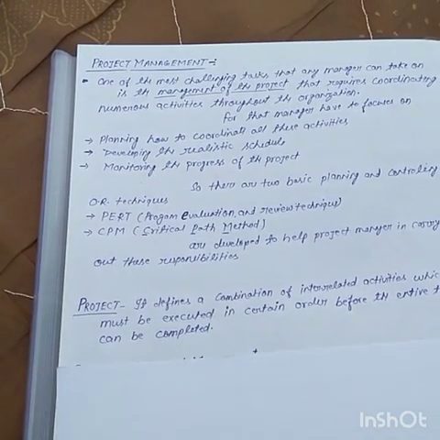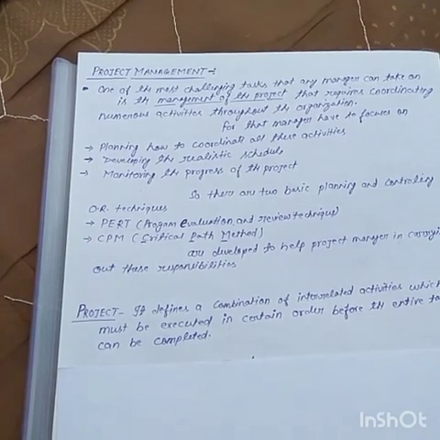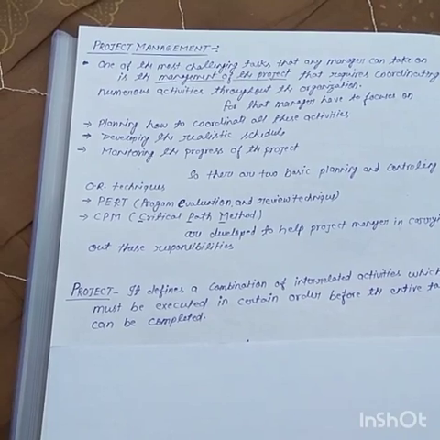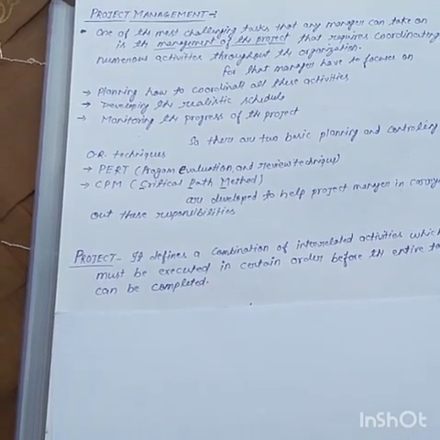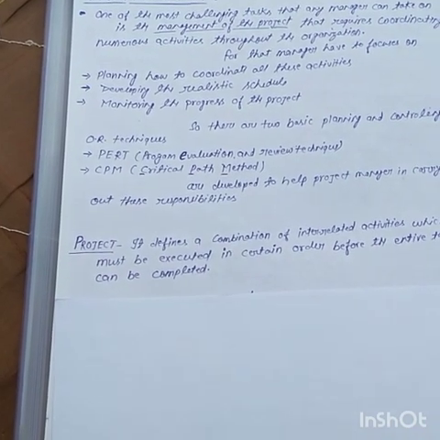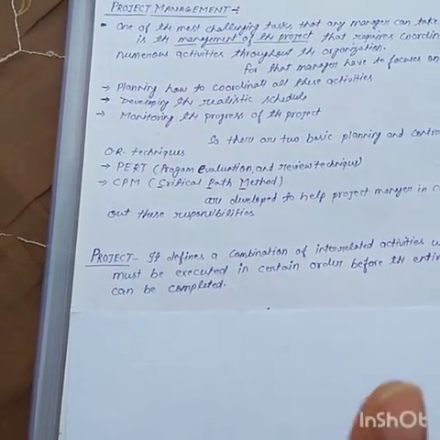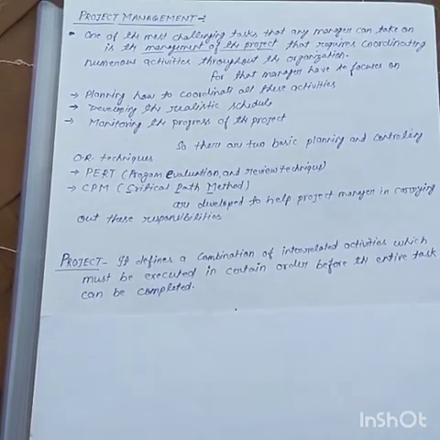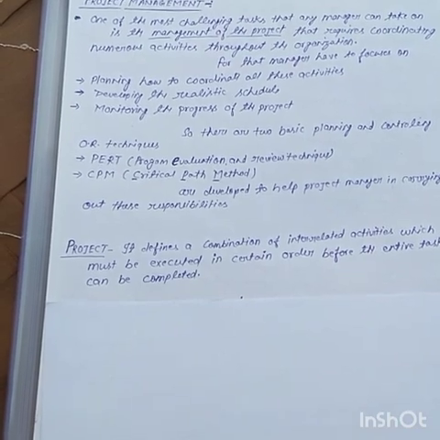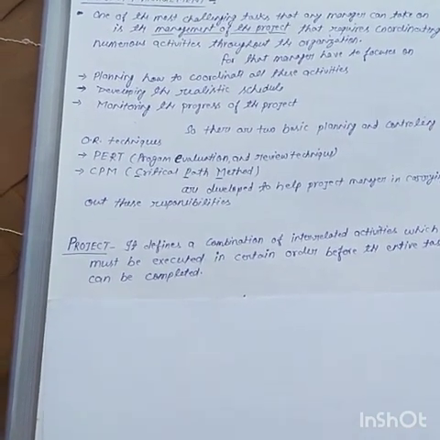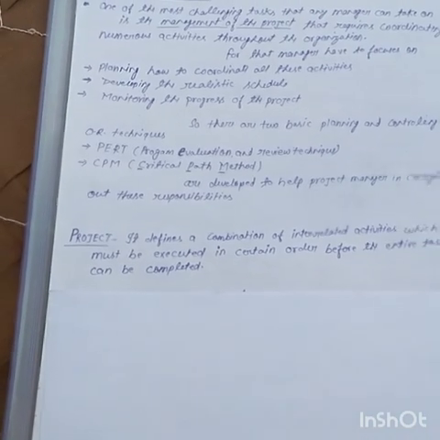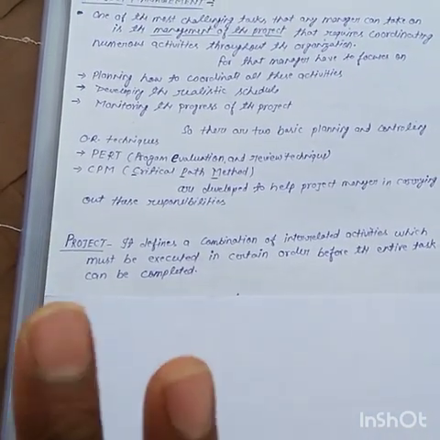What exactly does project mean? A project is a combination of interrelated activities which must be executed in a certain order before the entire task can be completed. This is known as the project.